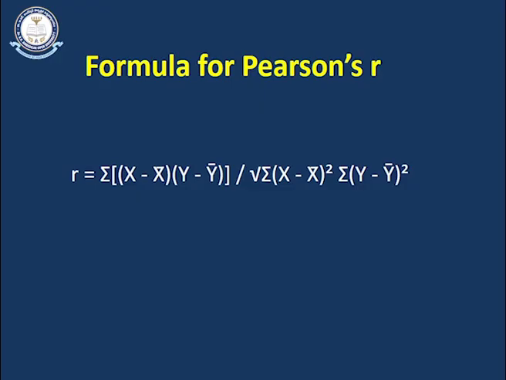Let us now pay attention to the formula. As you know, statistics is full of formulae, and correlation is no different. In correlation, we will try and solve it through computation. So the computation often happens through r. r equals sigma, and then you open the bracket, that is (x minus x bar), where x is a variable and x bar is the mean of all the items of x.